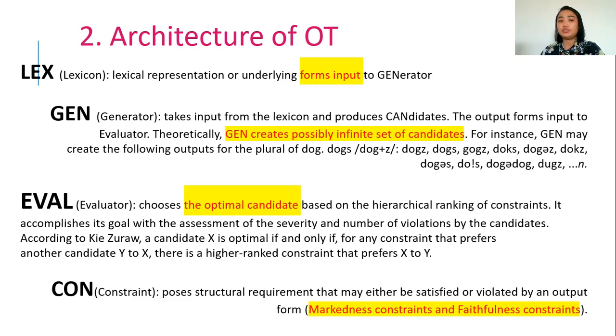Let me introduce you to the four terms of the OT. The first, we call it Lex, which stands for lexicon. It is the input. It is the words that we will later on evaluate. And then the input will be taken to the Gen, or generator.